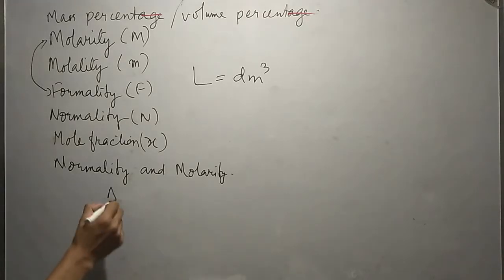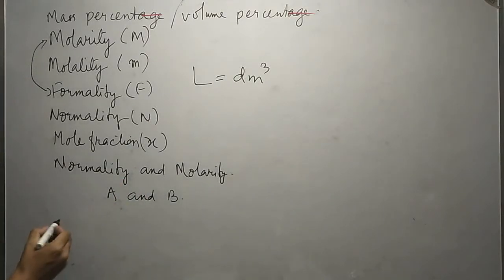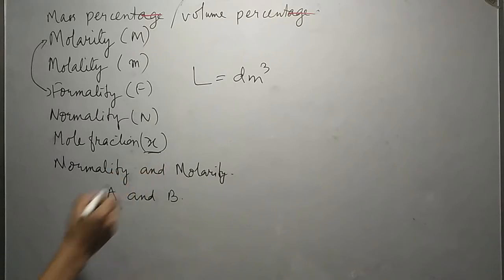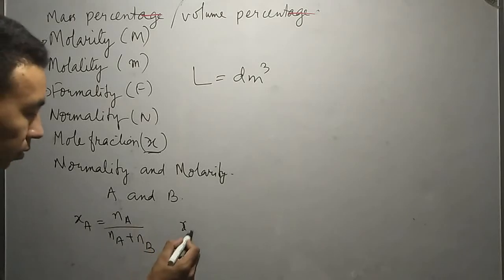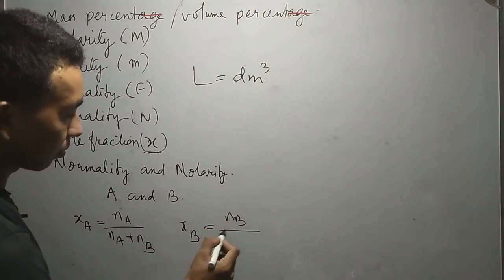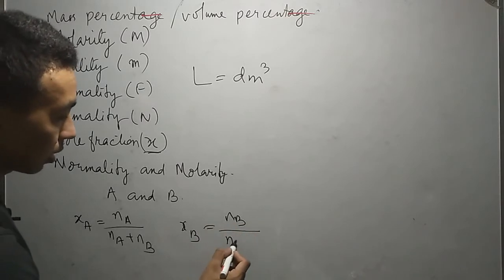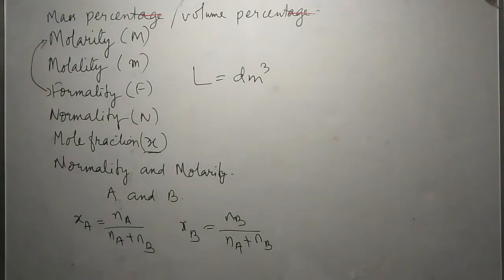Suppose A and B are the components of the solution, and we denote it by X. Then the mole fraction of component A will be equal to the number of moles of A divided by number of moles of A plus B. For mole fraction of component B, we write number of moles of B divided by total number of moles of the components of the solution.